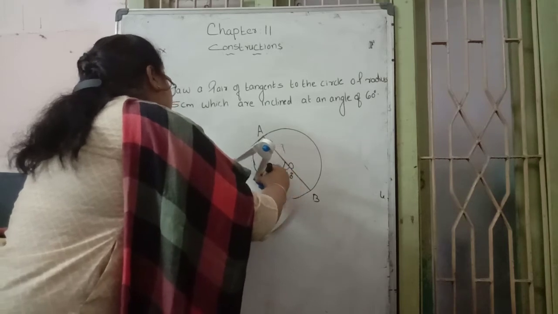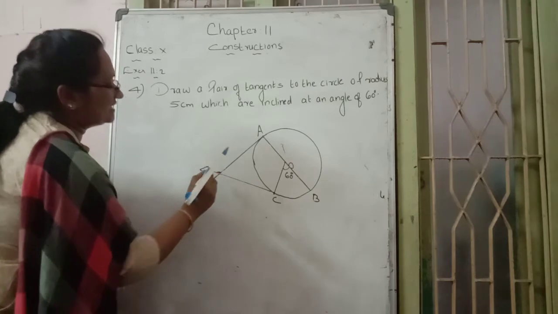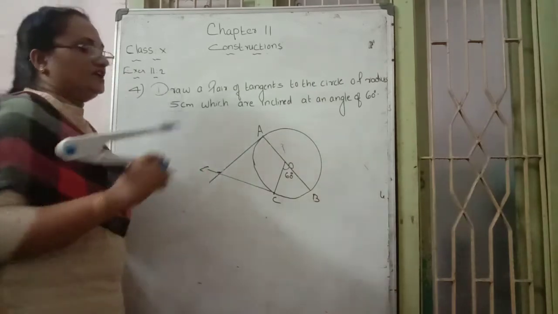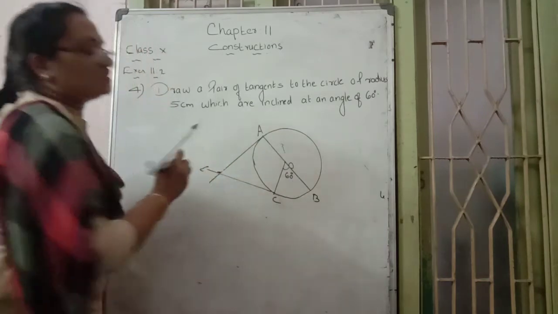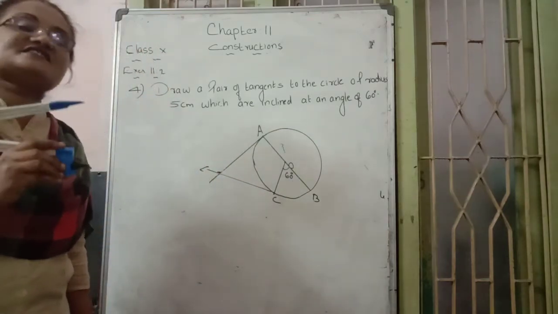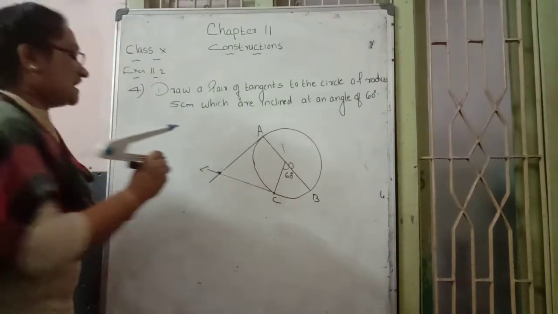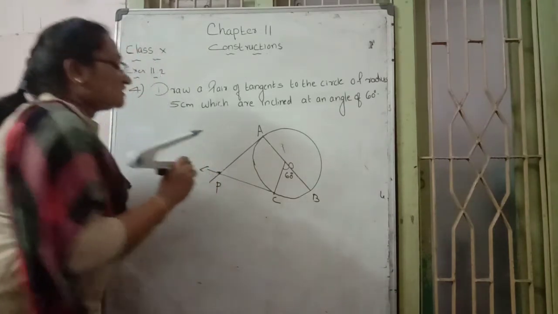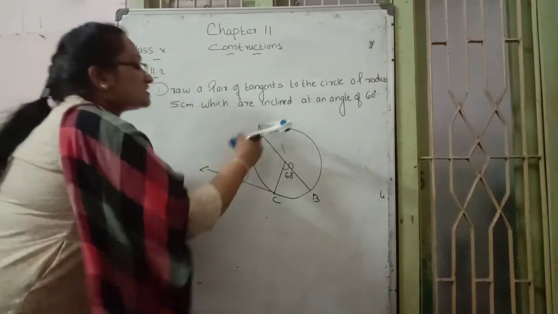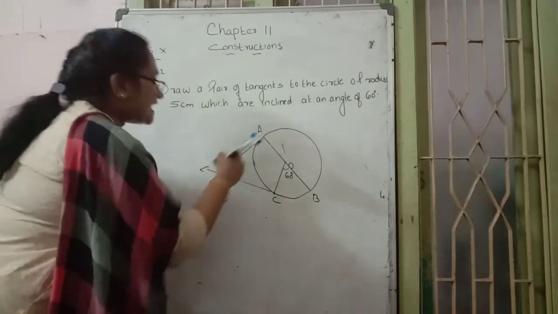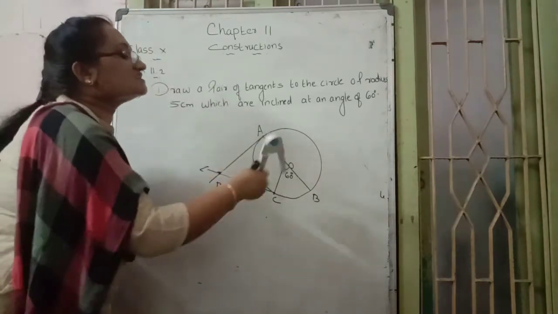Both lines, from A and from C, intersect at a point. We can give any alphabet; I mark the point as P. Remember, P is the point outside the circle, and AP and CP are the two tangents for this circle.